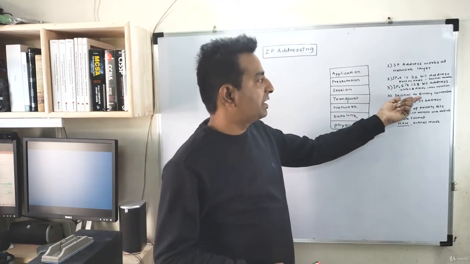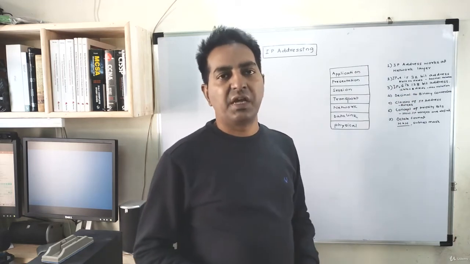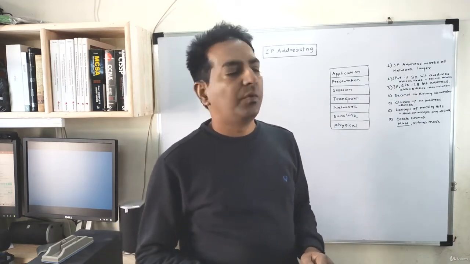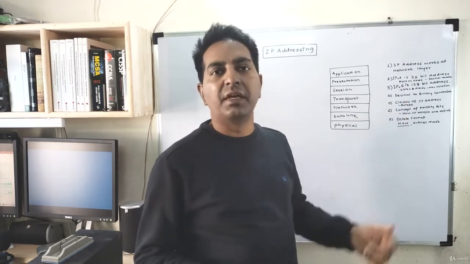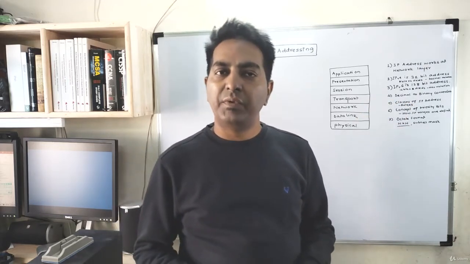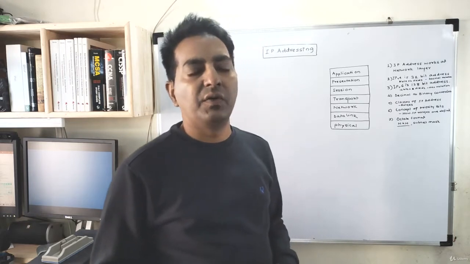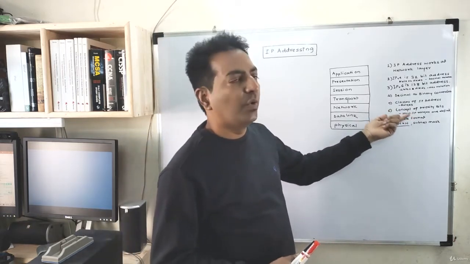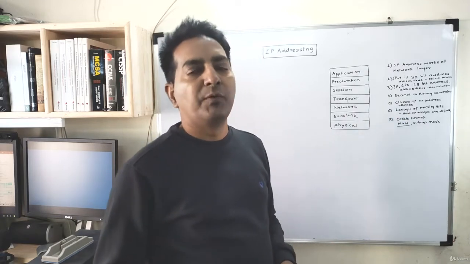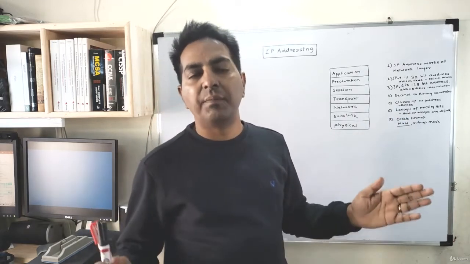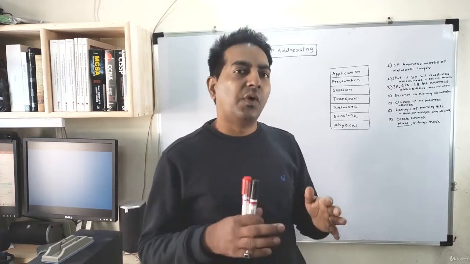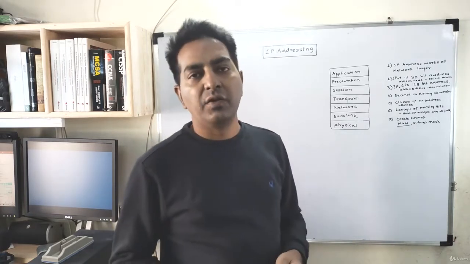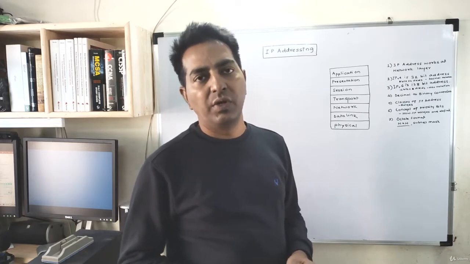Once you understand the conversion process, how a decimal number is converted into binary, on that basis we'll discuss the concept of priority bits. And once you understand that, we will move on to the next section to understand how different IP classes are defined, what their ranges are, and how we can use them in our day-to-day life.